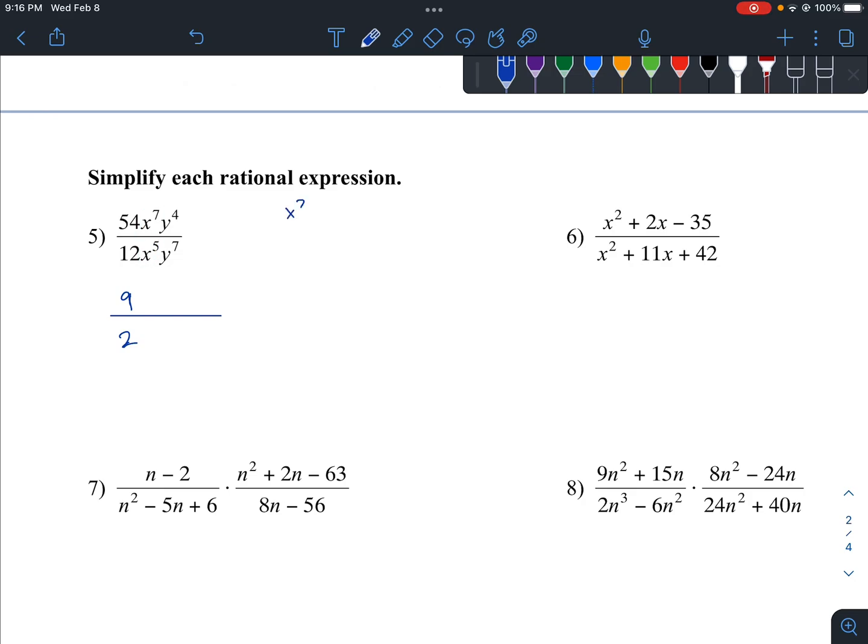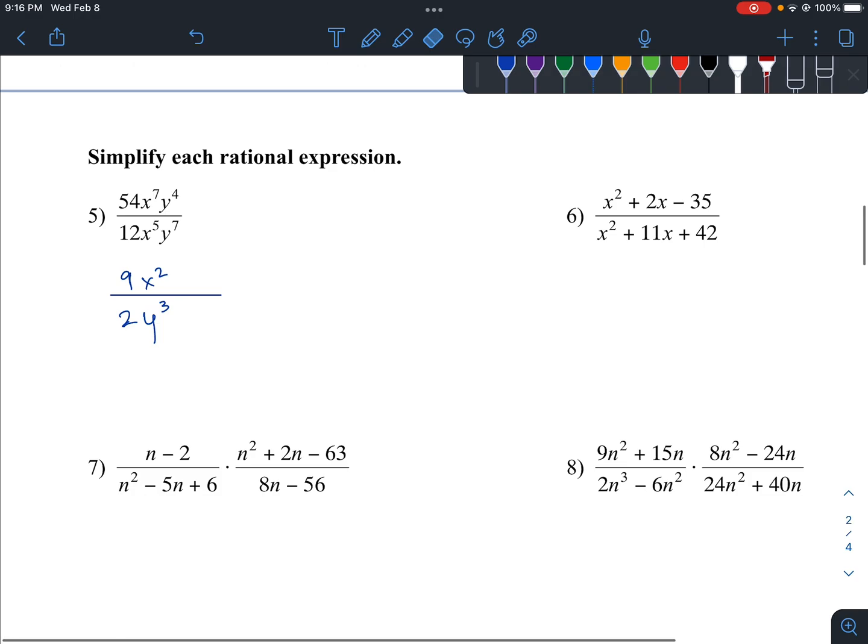So x to the 7th minus 5 is going to give me x squared. So that's going to be in the numerator. And y to the 4th minus 7, that's going to be y to the negative 3. So if I just put that in the denominator, it's going to be positive. So y to the 3rd. And there you go. There's that.